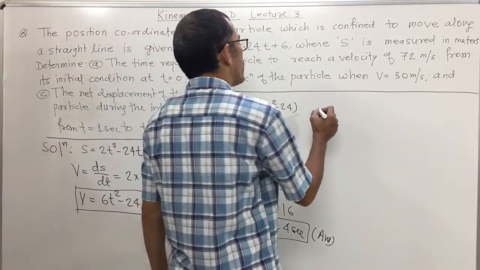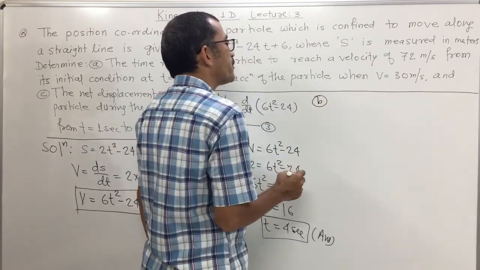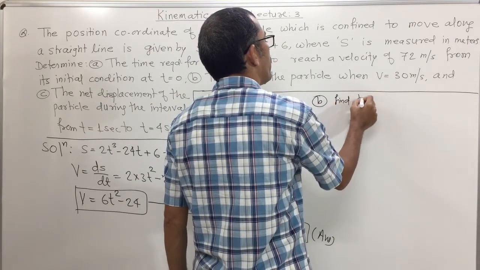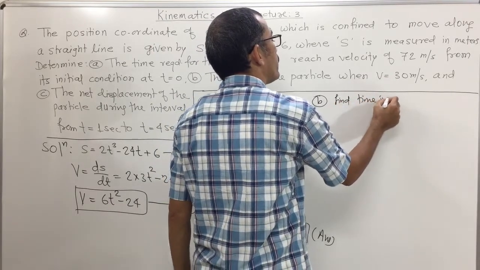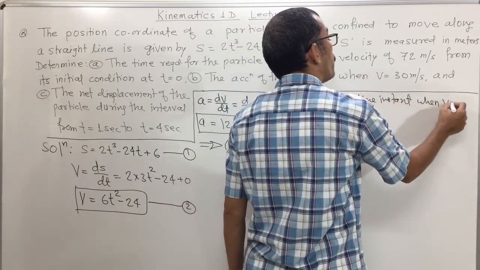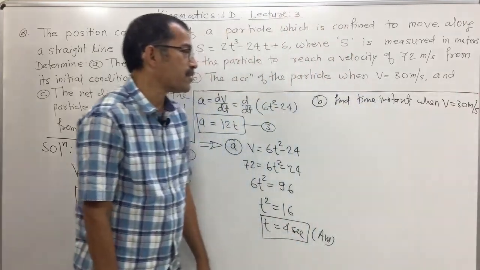So for the second part, part B, to find this, what will we do? Velocity is 30, find the time instant when v is 30 meters per second.